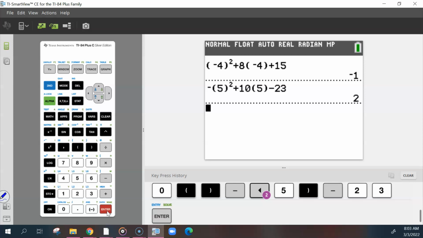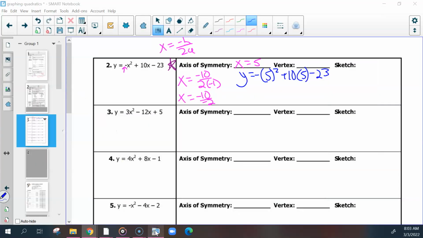So y equals 2. And our vertex would be what? 5, 2. Draw in your rough sketch.